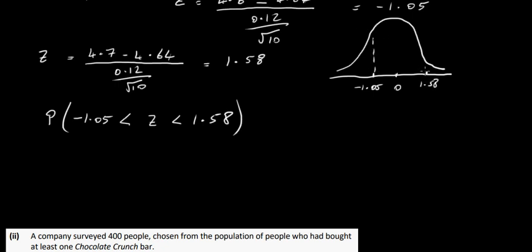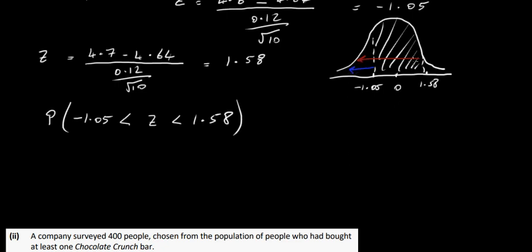So we want to find the probability of being in here somewhere. Now how do we do that? Well, we're going to find the probability of being less than 1.58. So in other words, we're going to find the probability of being down here, this entire area, minus the probability of being down here, and then we're going to subtract them.